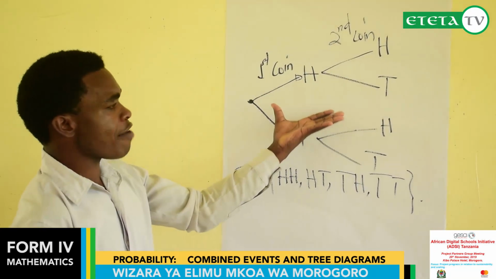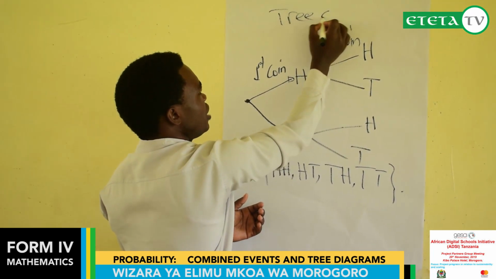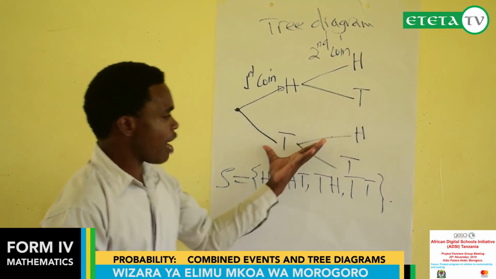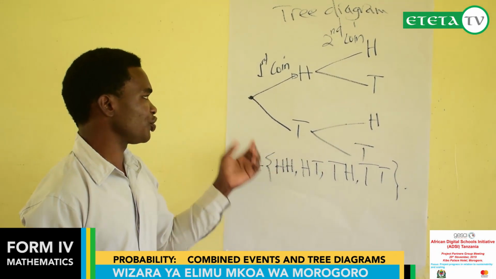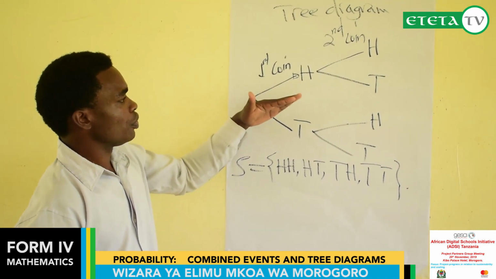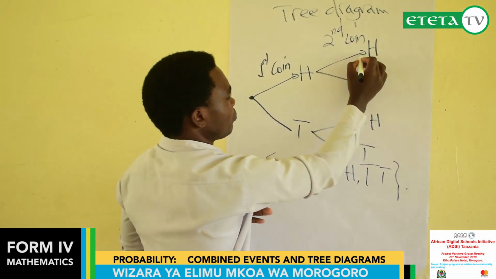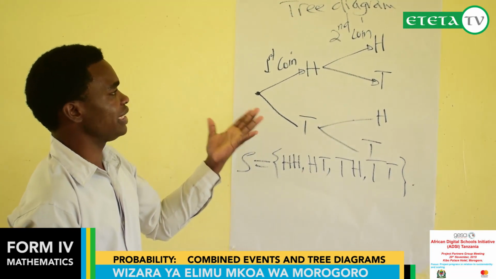Simply, if you have a tree diagram, actually this is a tree diagram. To get the sample space and the events, you make a single event along each path.